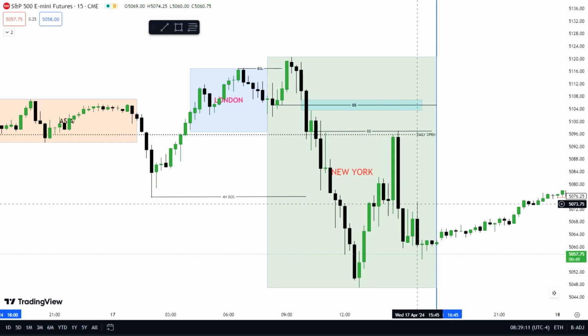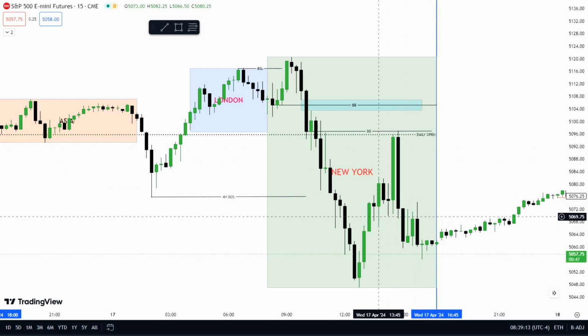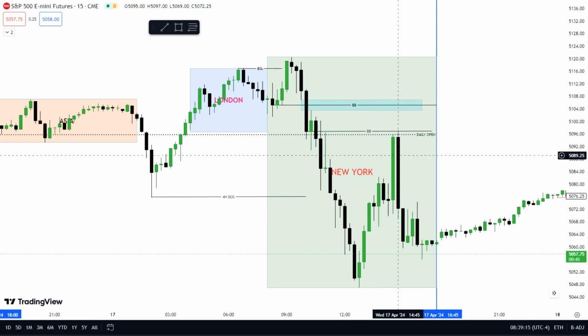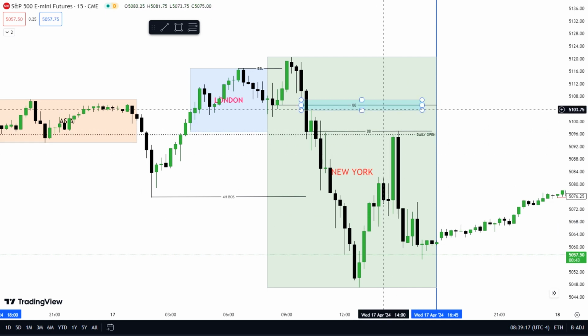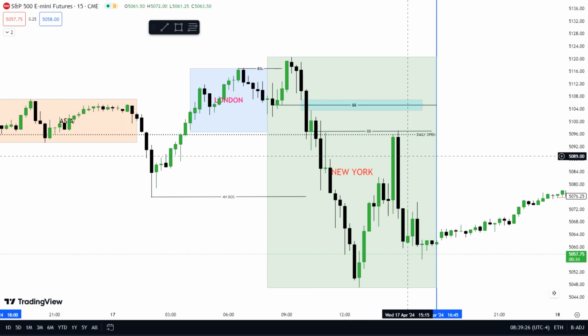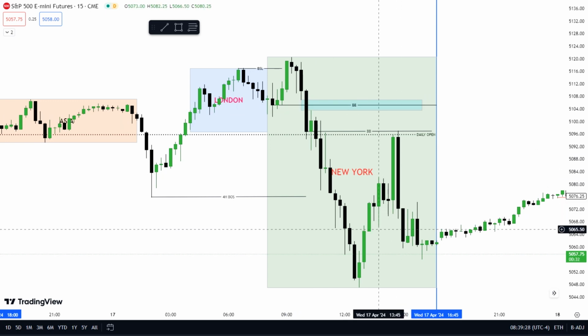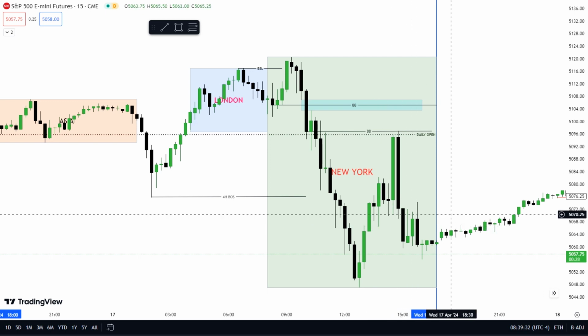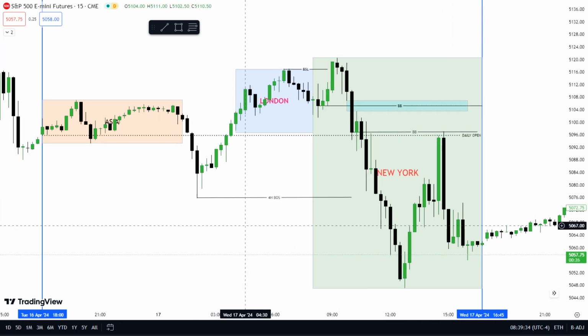The target could have been right there if only this one got triggered, putting a stop loss right above this candle or this order block. Could have targeted low, like right there, giving you a high risk reward ratio.